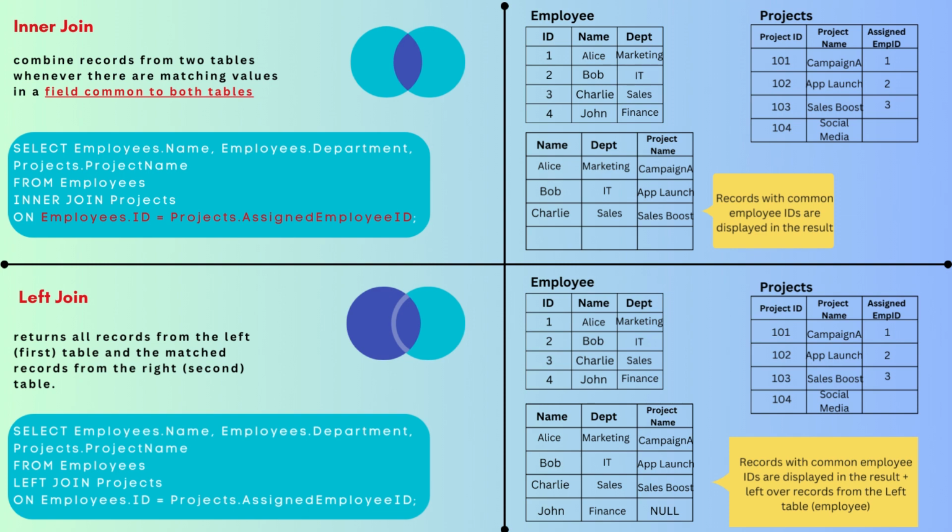The syntax of the command to use the inner join will be, let's say we just have to display employee name and department from the employees table and project name from the projects table using the inner join.